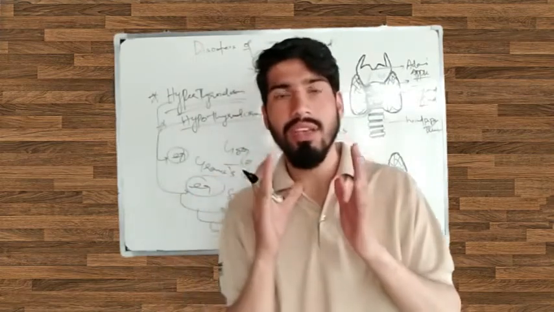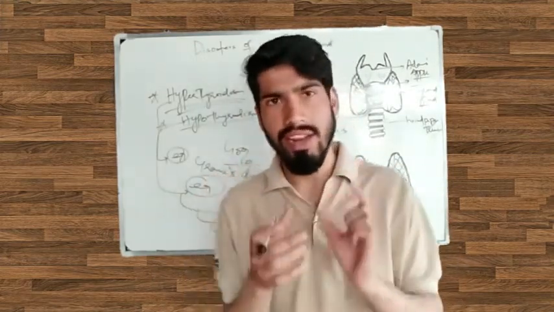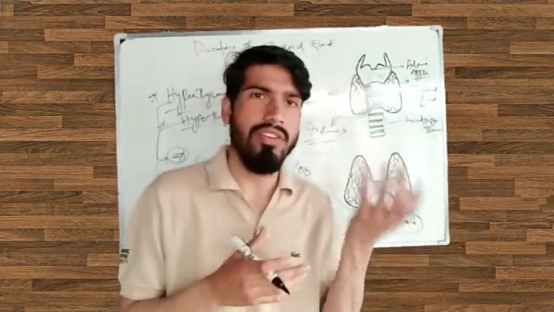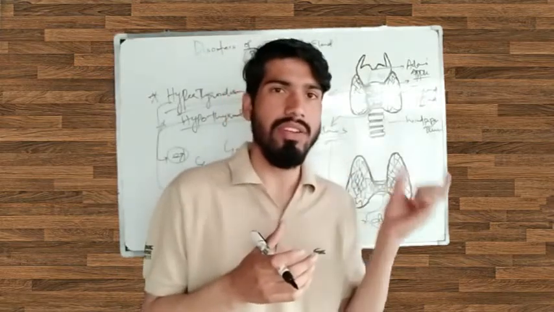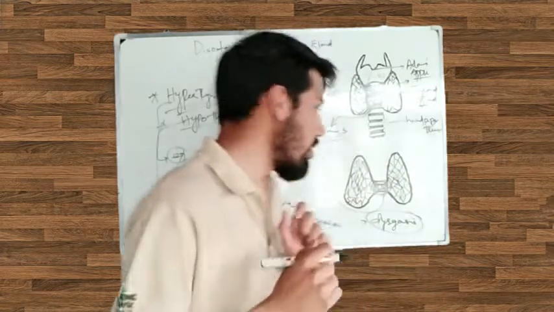There is also another condition. For example, the thyroid gland is present in the baby, but it cannot release the hormones. That condition is called dysharmonogenesis.